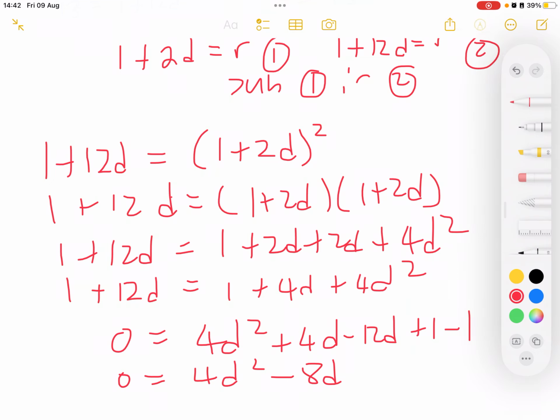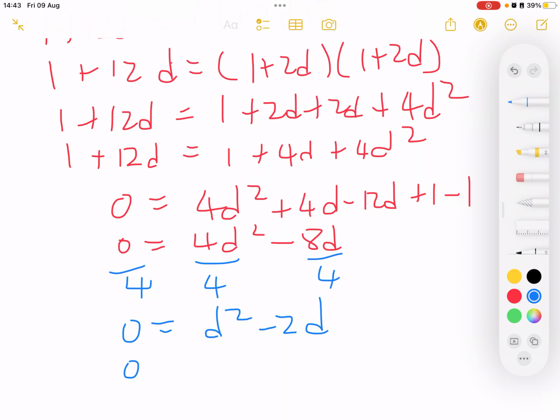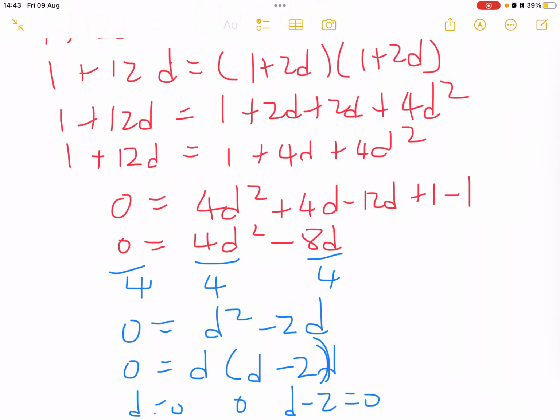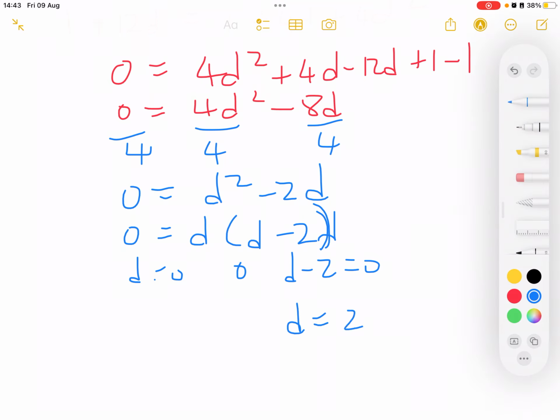And then we can simply divide by 4, and we get that 0 is equal to d squared minus 2d, and we factor out d, we are left with 0 equal to d(d minus 2). d is equal to 0, or d minus 2 is equal to 0. And then lastly, this means that d is equal to 2. And therefore, the first three terms are going to be what?